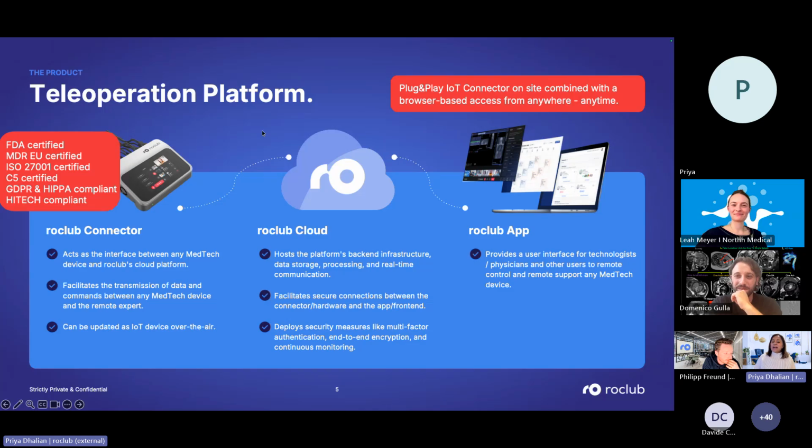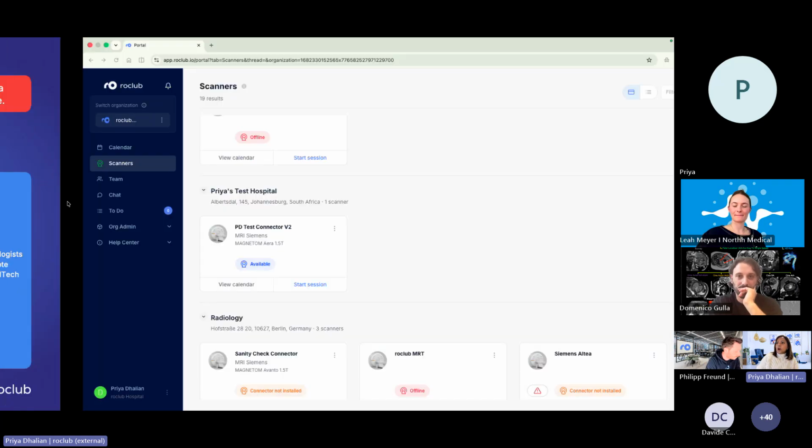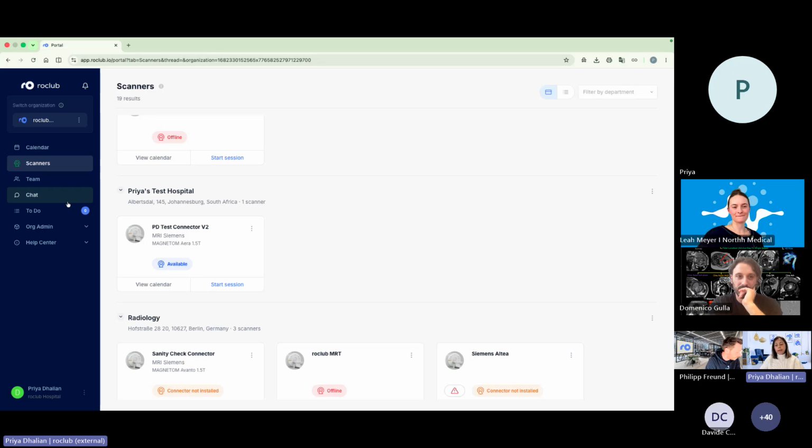All right. So then what would Domenico and his team do when they are providing application support for you? They would log on to the roclub app, and they would have access via the app in a browser. As I mentioned, it is a browser-based application. The first step is for Domenico to start the session as the remote operator.